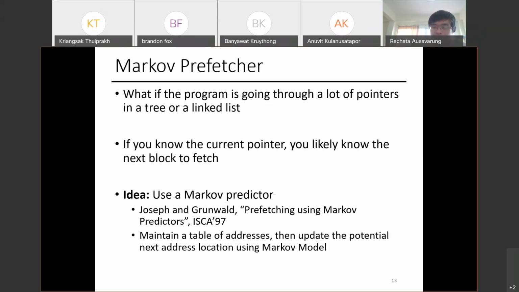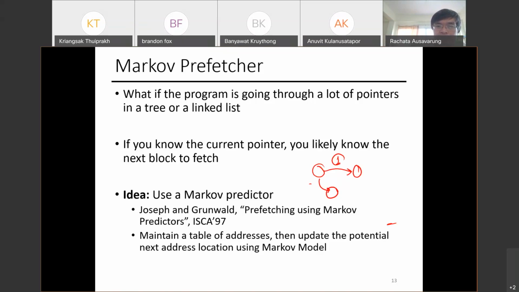Do you know what the Markov model is? Okay, you're not sure. Basically, a Markov model would allow you to predict. Let's say you have a node that can go in two directions.